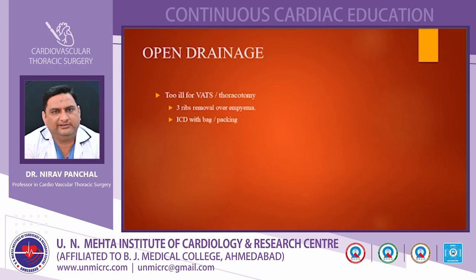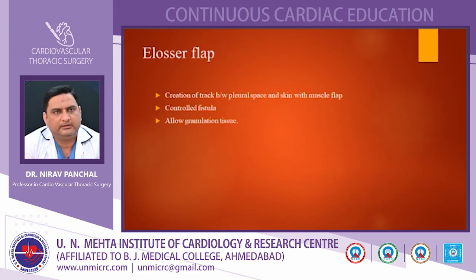With this method and continuation of antibiotics, the patient responds well. But because of this open method, it can be a very cumbersome method for the patient, and he will not like to change the dressings or manage the colostomy bag at the ICD sites.